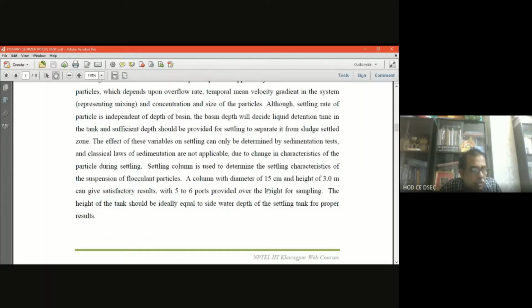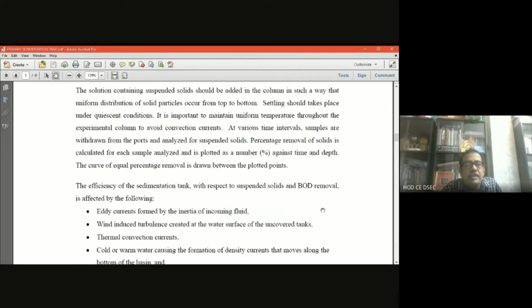Along the depth of the water, 5 to 6 ports are provided for sampling purposes, so through these ports we take samples for study. The height of the column should ideally be equal to the side water depth of the settling tank for proper results, which we will discuss in the problem.